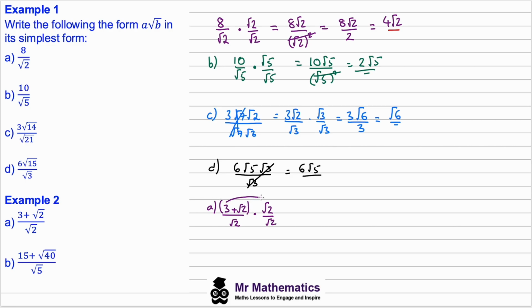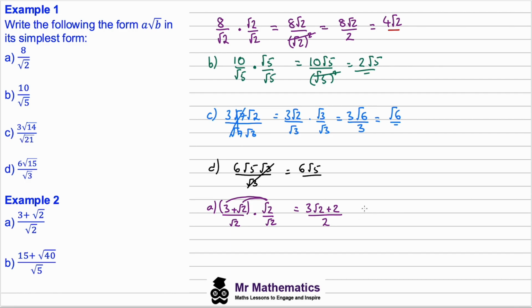We'll expand out this bracket. So we've got 3 root 2, and then the root 2 squared will just give us 2, over the root 2 times root 2 gives us another 2. We can't factor our numerator, so we'll just leave it like this.